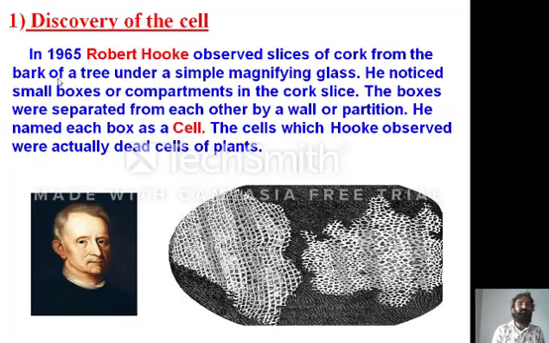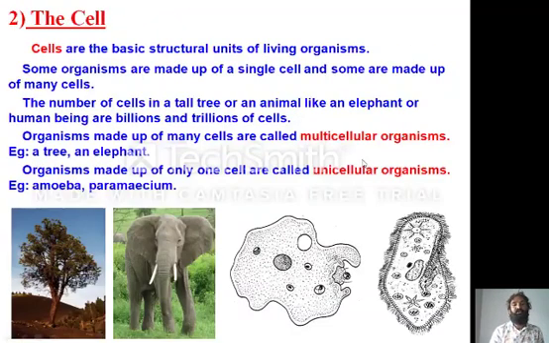After that, Schleiden and Schwann conducted many experiments observing plant cells and animal cells, and finally they stated the cell theory. According to the theory, every living organism is made up of cells, and cells are the structural and functional unit of organisms. These two statements denote the cell theory. Now coming to the cell.